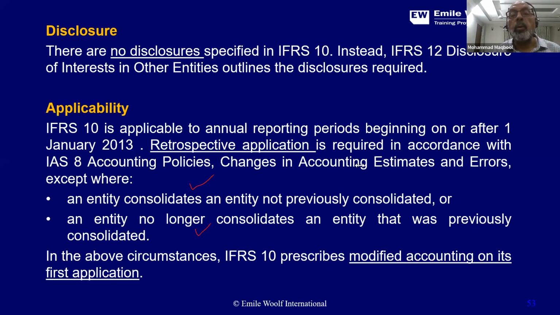Does that mean control will keep fluctuating based on the market price being above or below the exercise price? No. Cost of investment is the same forever, and the percentage you acquired is the same forever. So it will not keep on changing.